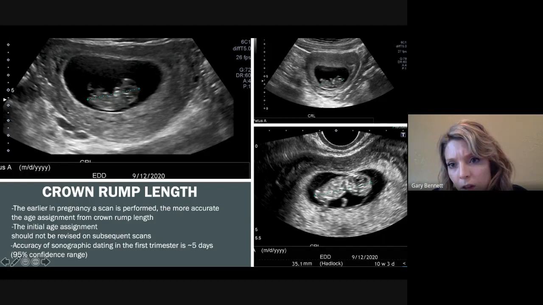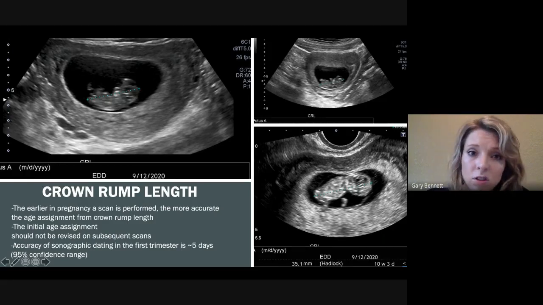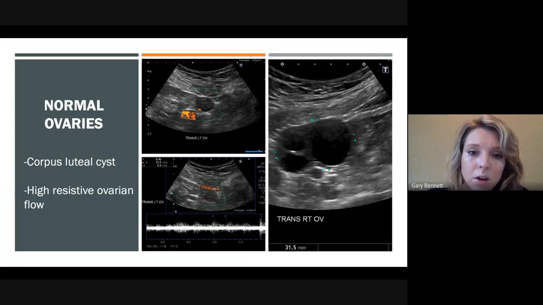Now, if you look on the top right of this one, that's a little subchorionic hemorrhage right there. Again, it's not going to be very concerning considering the location and the size, but just something for your eyes to see. We see them on so many patients and they're just not concerning until they're bigger.